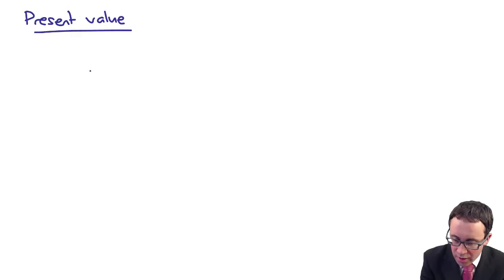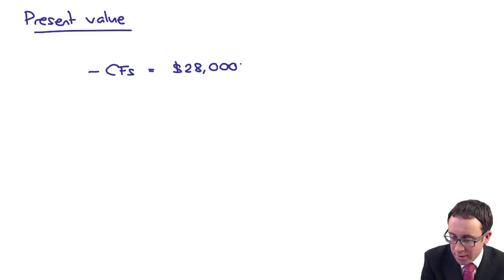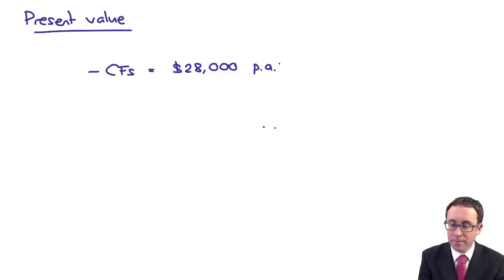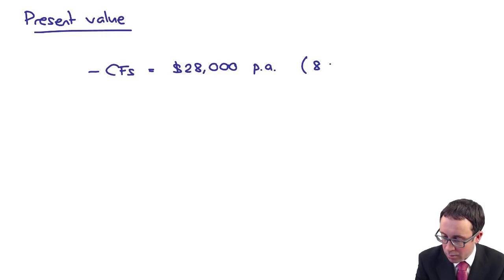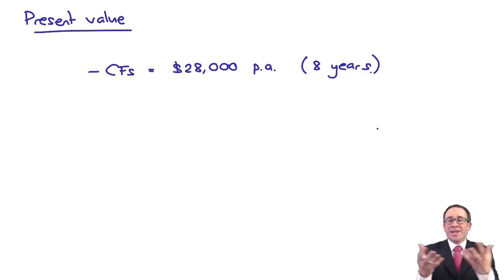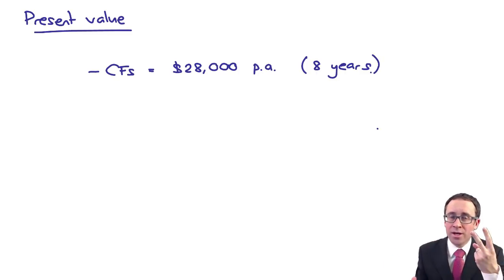So if your cash flows are equal to, say, $28,000 per annum, we'll keep it simple there. We'll say that they are the same for the following 8 years. This asset has got a 10-year life. 2 years have gone, so there's only 8 left.